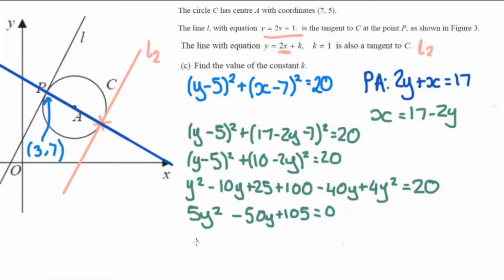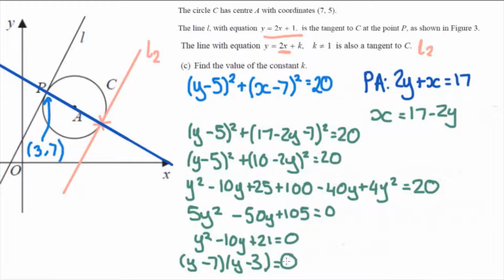So I'm just going to divide everything through by 5, so we're going to get y squared minus 10y plus 21 equals 0. And then we're going to factorise, so we're going to get y minus 7, y minus 3 is equal to 0.